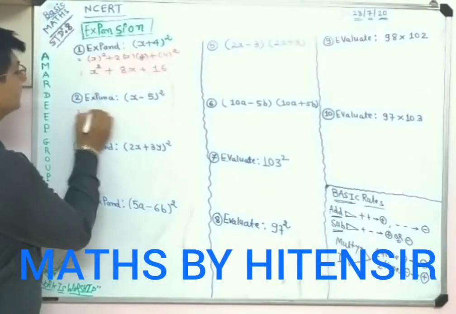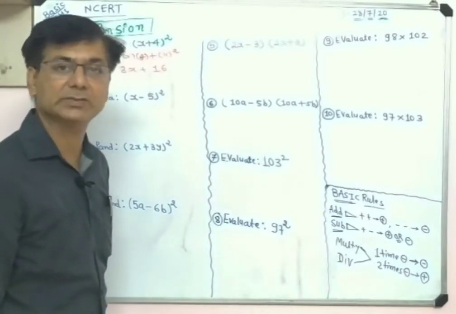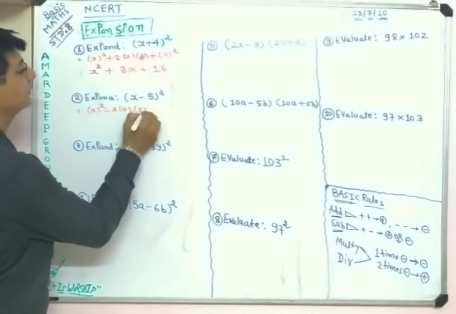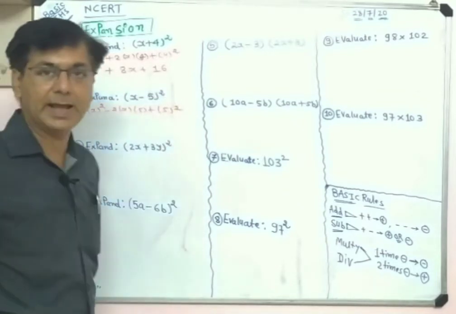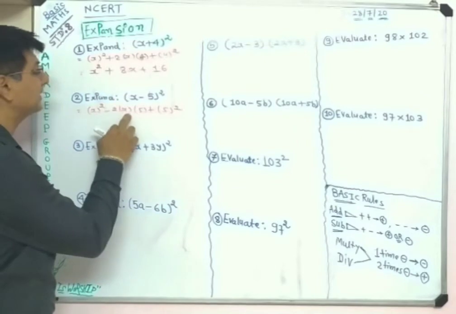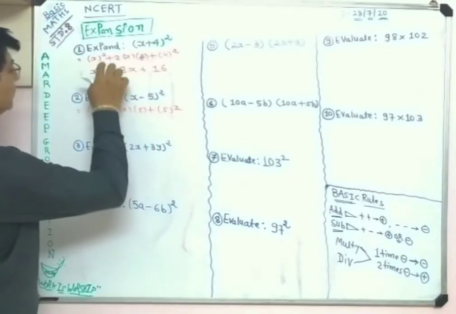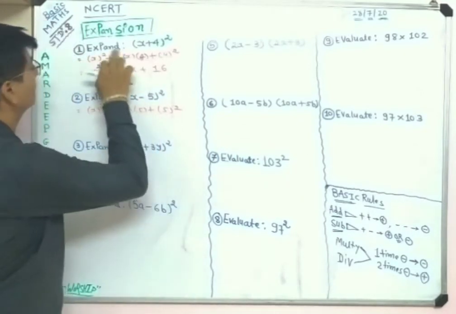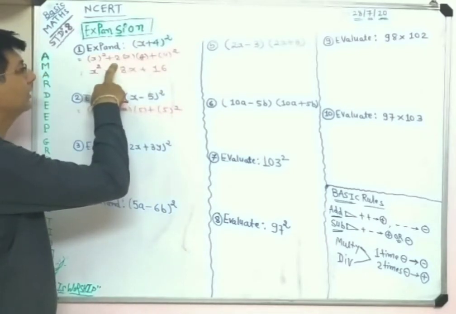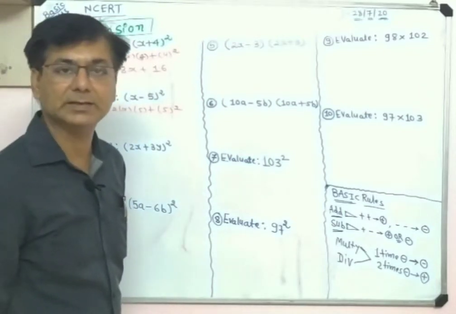Now second example, we have (x minus 5) whole squared. Simplify these terms and memorize the rule of expansion of square: first term squared minus 2 into first term into second term plus second term squared. In the plus rule the middle term sign is plus, and in the other example the middle term sign is minus.